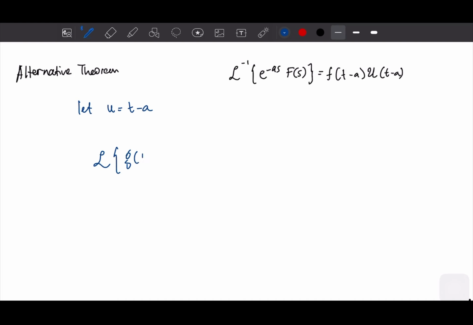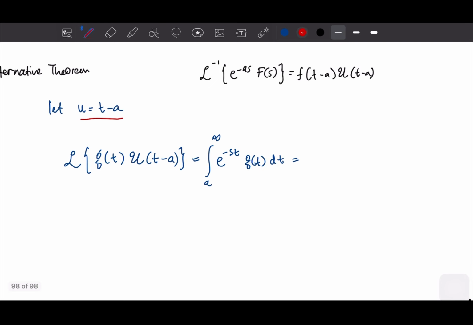Let's say the name is g of t, and then the Laplace of g of t times Heaviside t minus a is equal to, by the definition of Laplace, the integral of e to the negative st times g of t dt. Now we substitute u, so t is u plus a.